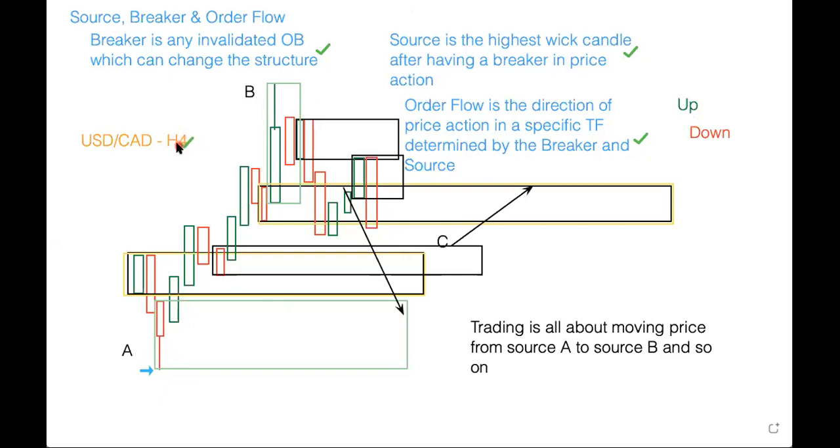We may have another order flow in the daily and in the weekly. So dollar CAD can be up in the weekly, can be up in the daily, but can be down in the 4-hour chart and can be up in the 1-hour chart. Hope this point is also clear.